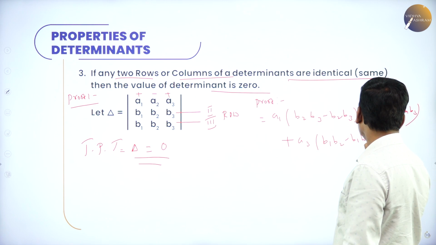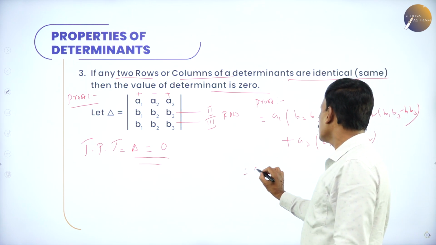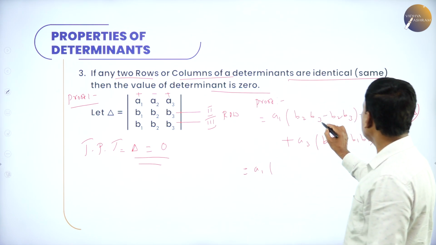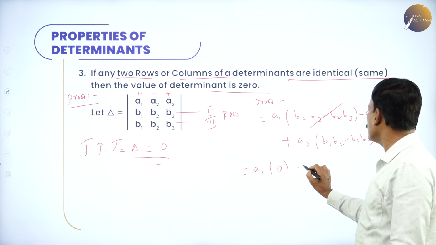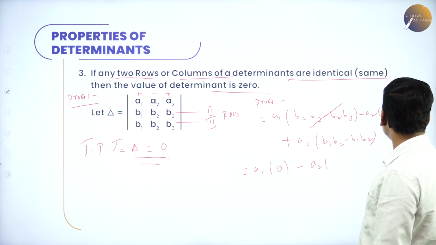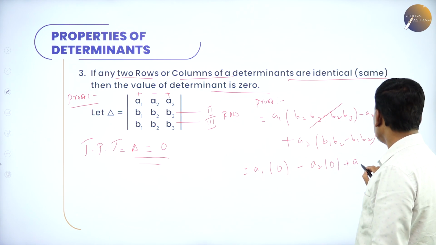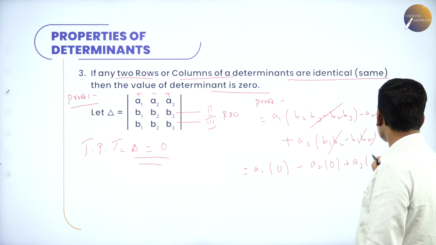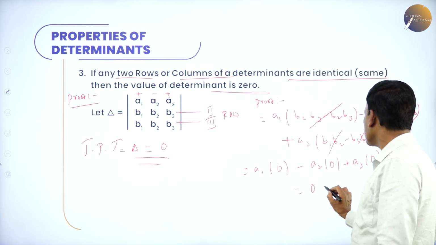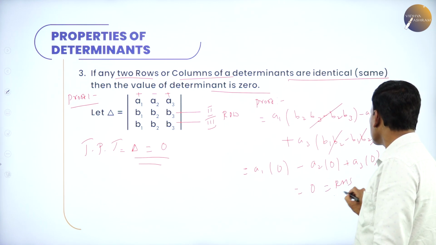All the elements inside the brackets are the same, so A1 into the bracket gets cancelled, 0, minus A2 into 0, plus A3 into 0. Any number into 0 is equal to 0, which is your RHS.